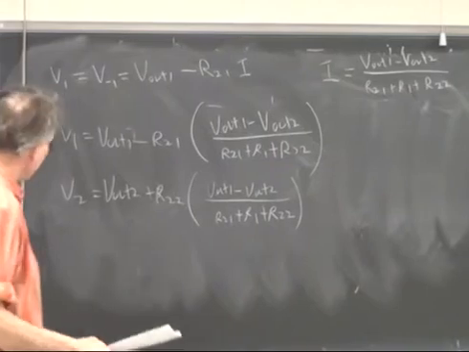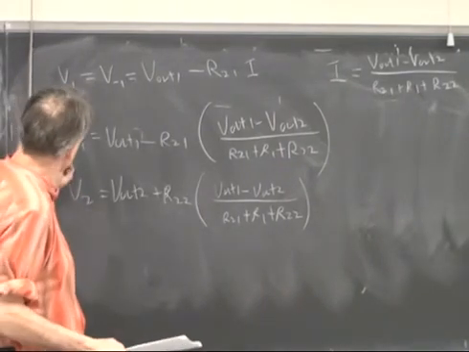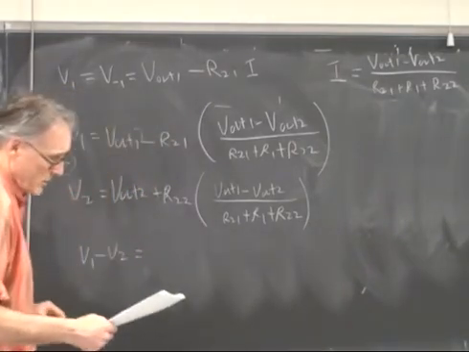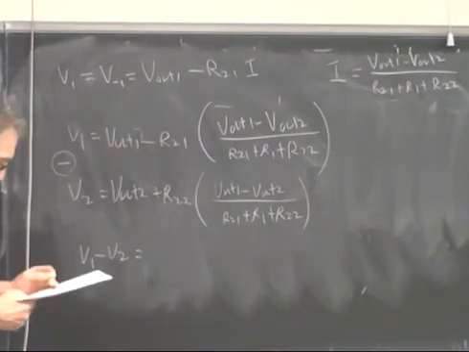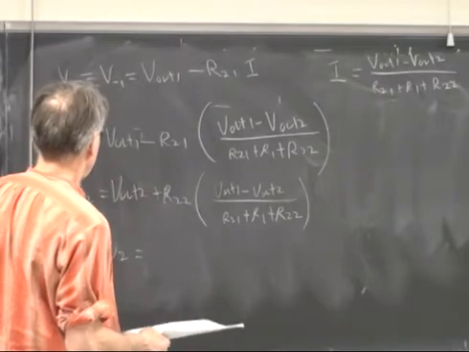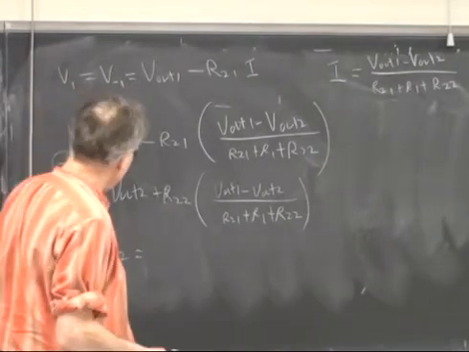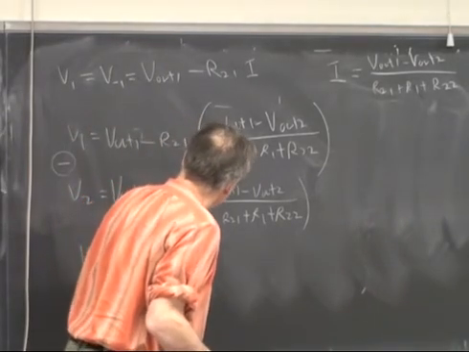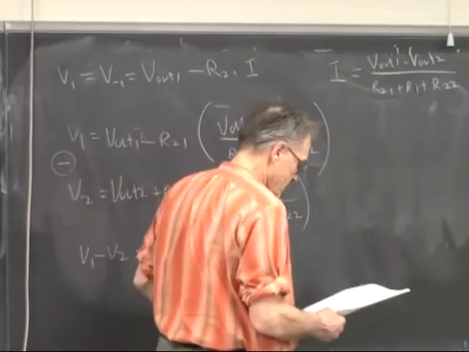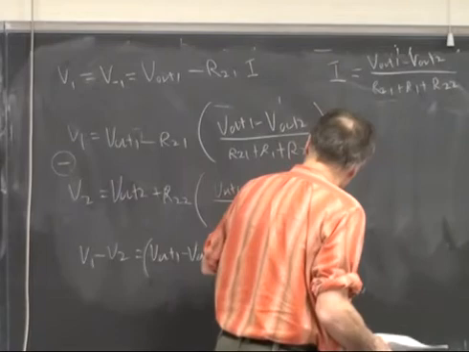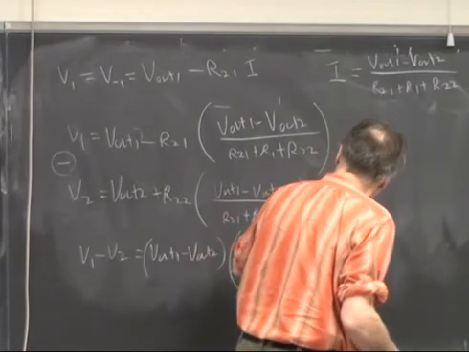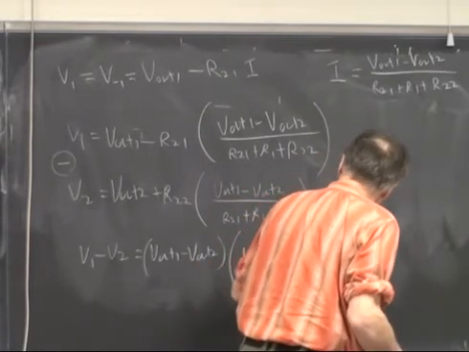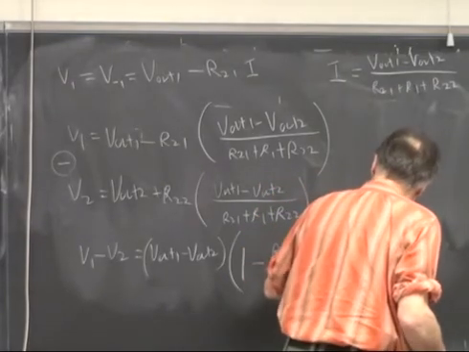Now, what we're going to do is say, well, let's just subtract these two. So we're going to calculate then V1 minus V2, which is given by (Vout1 minus Vout2) times 1 minus (R21 plus R22) over (R21 plus R1 plus R22).